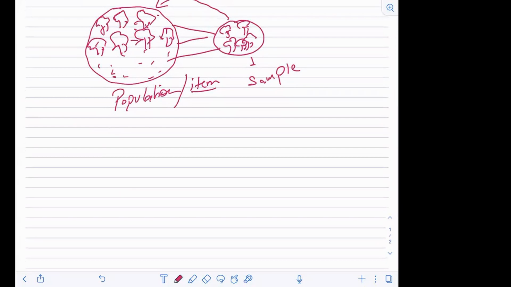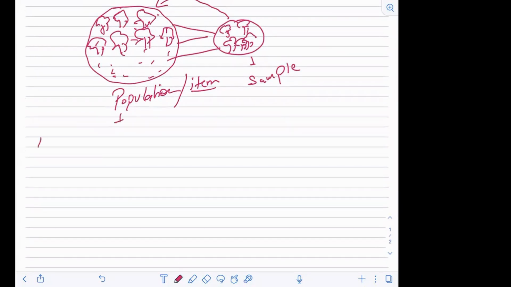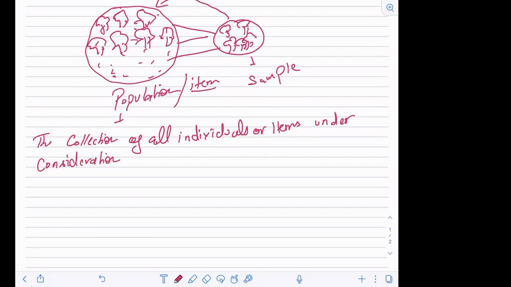So what is population? As I have said, the individual. But again, remember that here I don't only mean the people. Here I also mean items, all individuals or items under consideration in a statistical study. Are you getting my point? So the collection of all individuals or items under consideration.